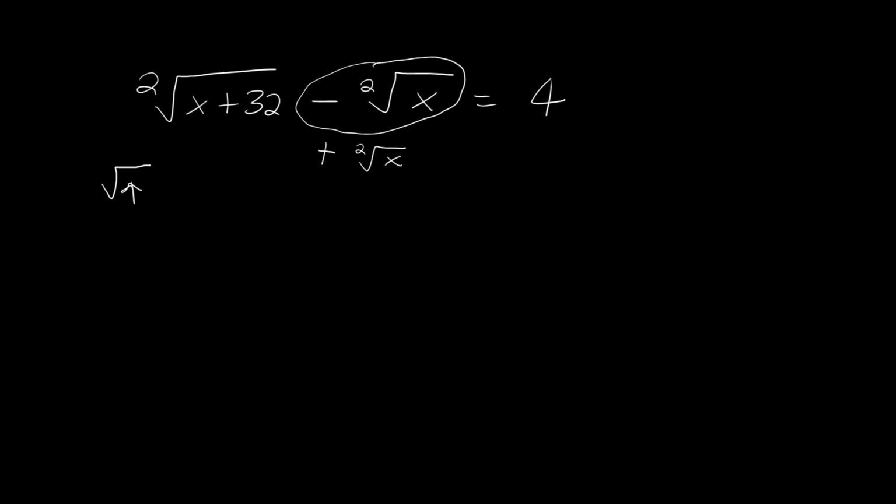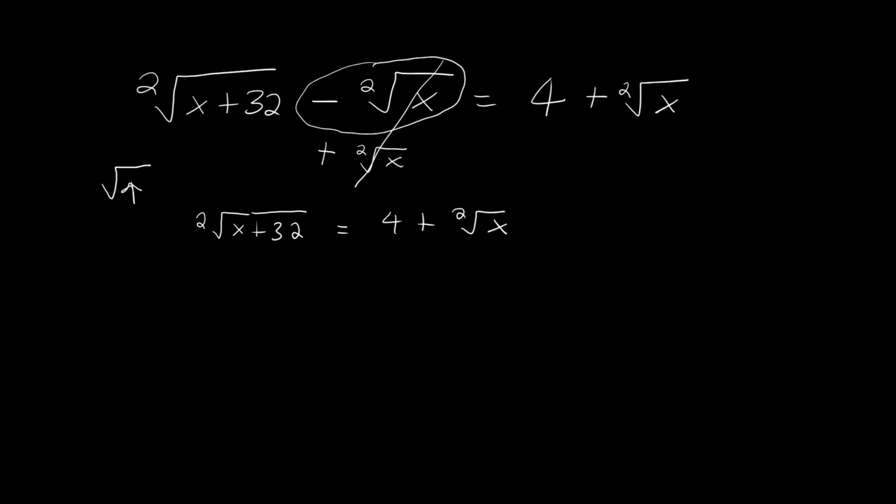This will cancel, and let's move it over to this side: square root x. Now let's neatly rewrite this problem so we can see what is going on. Let's write square root of x plus 32 equal 4 plus square root x.